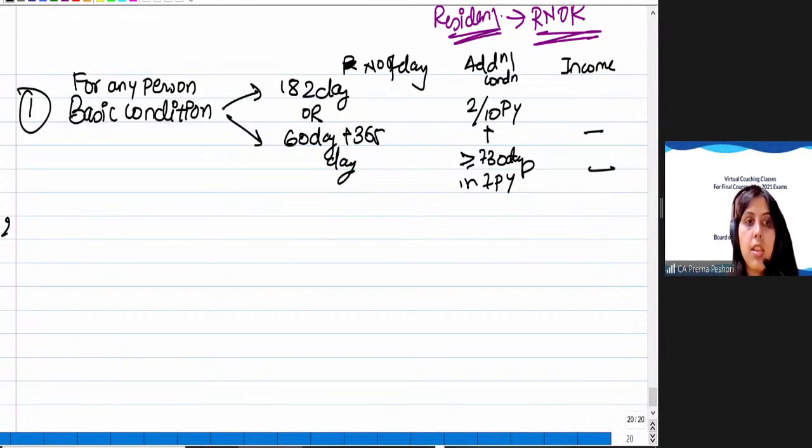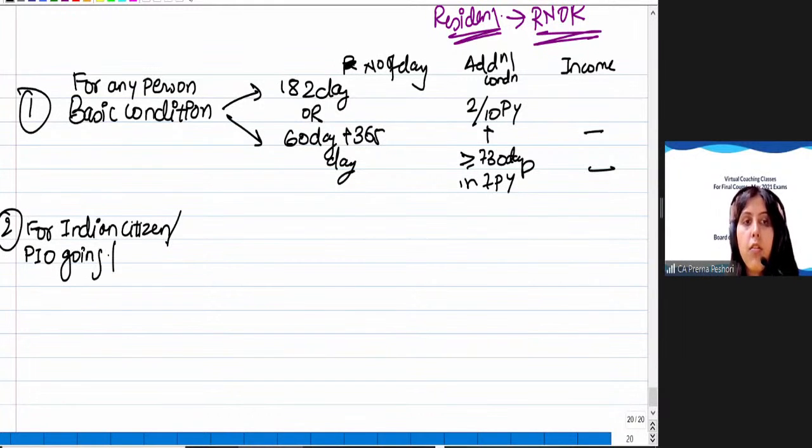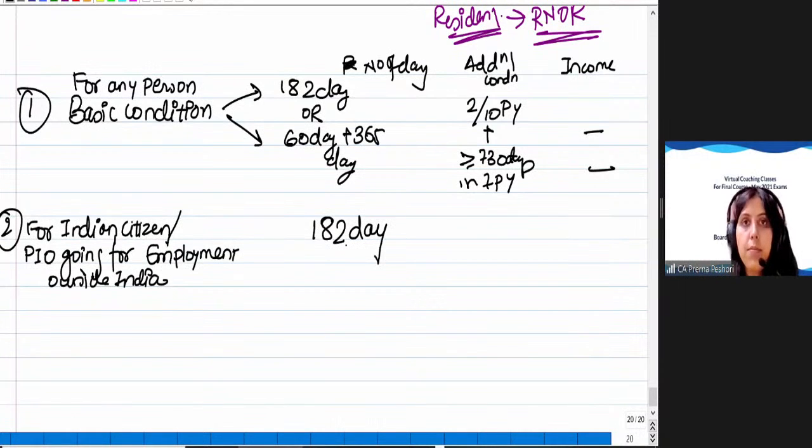Second, for an Indian citizen or person of Indian origin going for employment outside India, it is only the 182-day condition.